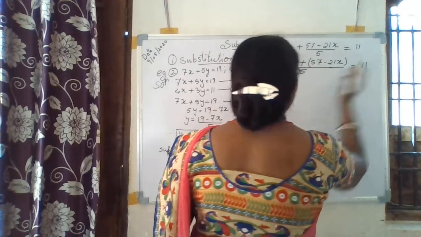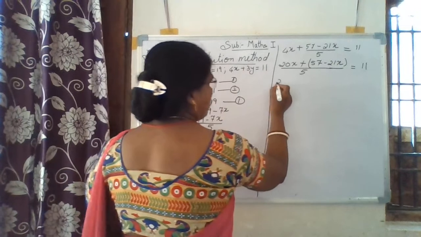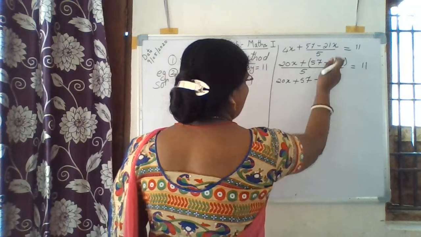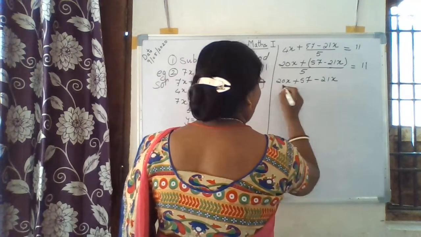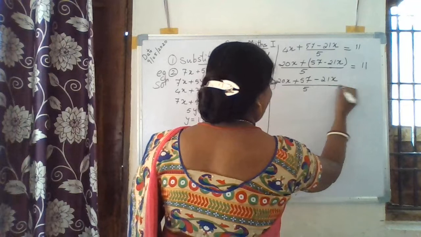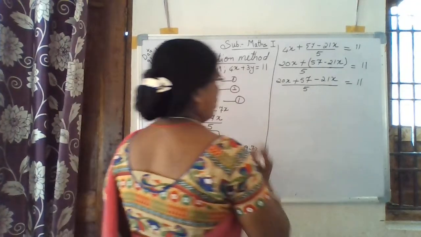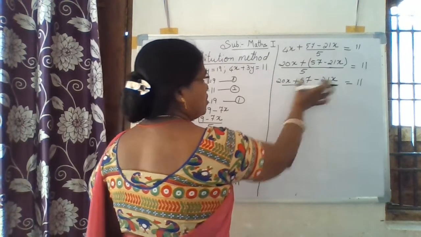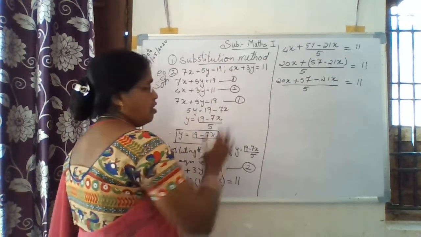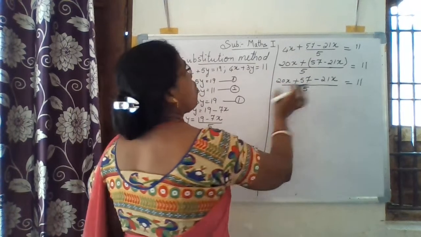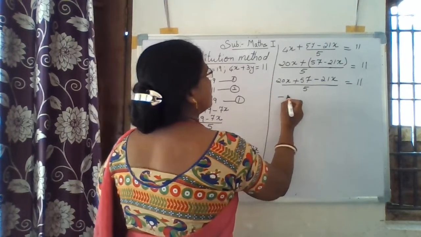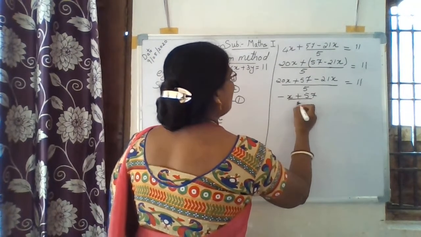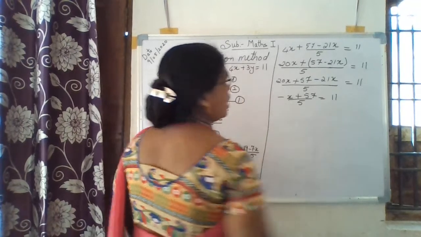Now you will open the bracket. So it is 20x plus 270 minus 21x upon whole thing 5 is equal to 11 here. Now you can see that 20x and minus 21x are two similar terms. When we simplify them, it is minus x plus 57 upon 5 is equal to 11.